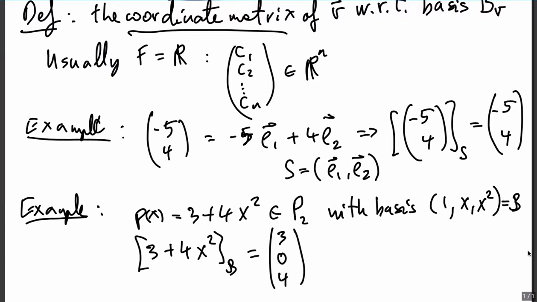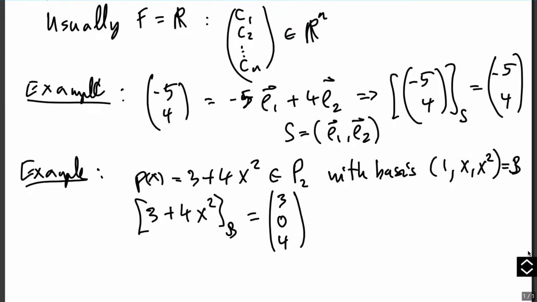The main idea is that in practice, working with vector spaces of polynomials is kind of abstract. It's hard to use computers with polynomials. But if we convert this into a column vector of 3 numbers, 3, 0, 4, then there are a lot of numerical algebra computer programs to work with those vectors and matrices.